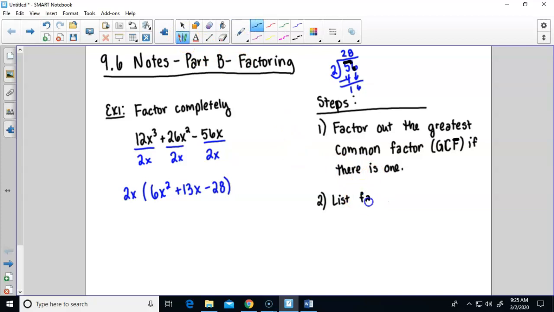List factors of the first and last term of the trinomial. Trinomial means how many terms? 3. Okay?